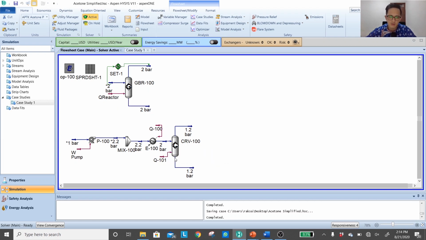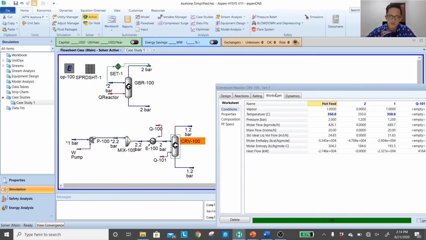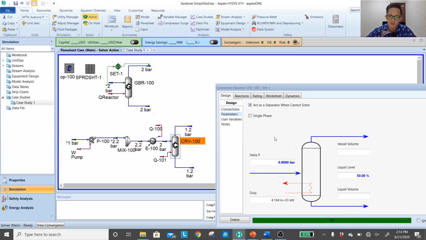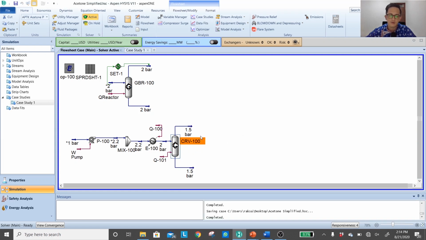I guess that would be better for you, so it's consistent. So now I will update the pressure drop of the reactor. Instead of 0.8, just put a round number, 0.5. Okay, I still have around 0.5 bar left before it reaches atmospheric pressure.